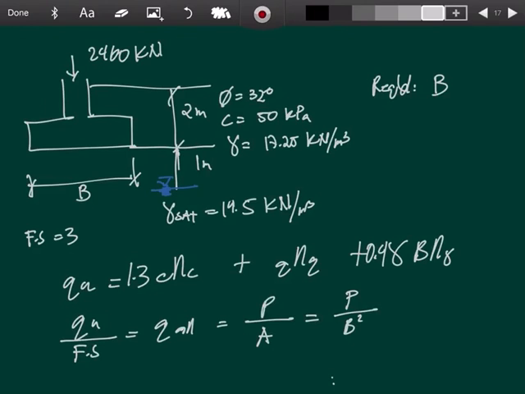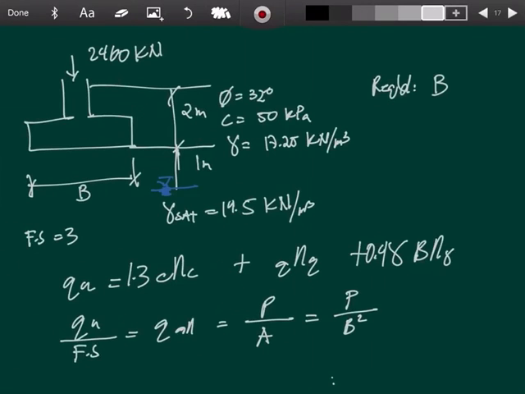So ang gagawin natin ay kunin muna natin ang ating QU. QU 1.3 C. Ano ang C natin, class? Our C is 50, tama? Nc. Okay, so hanapin pala muna natin ang ating bearing capacity factors.